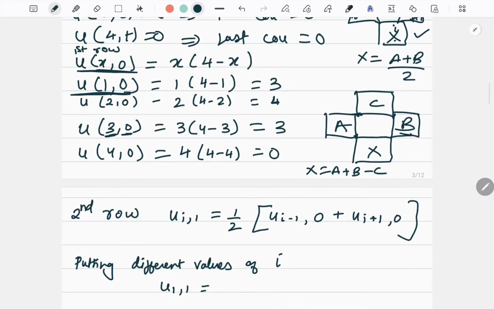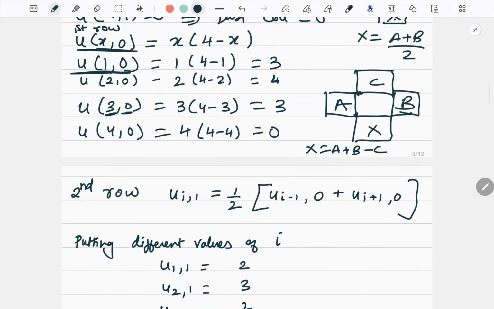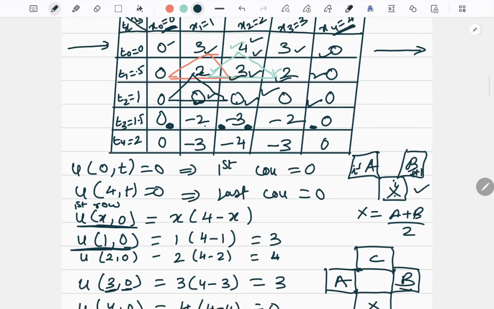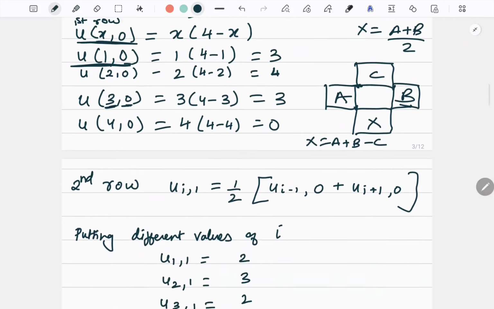So I already know the answer. So u(1,1), u(2,1), u(3,1). Correct. So now you have written these values and see, this represents the second row. Your second row is what? 2, 3, 2. Correct.